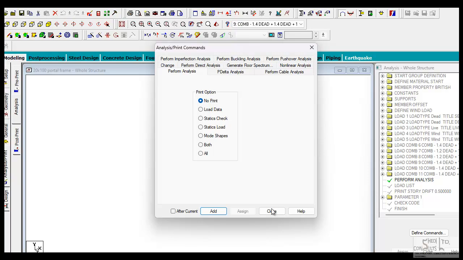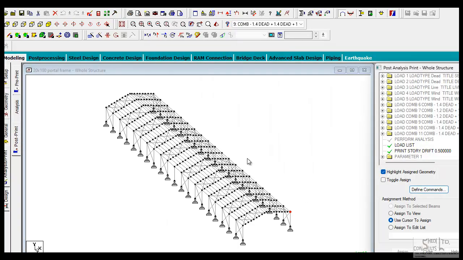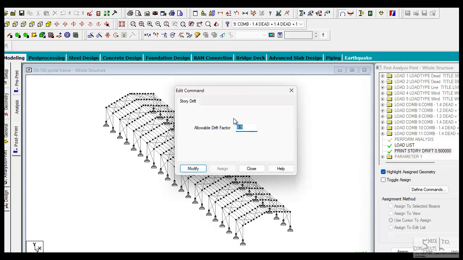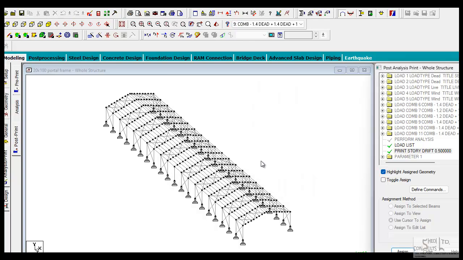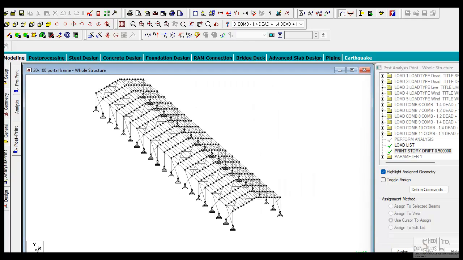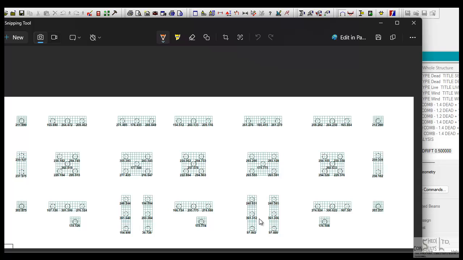If you go to the post processor, I have specified the lateral drift factor at 0.5. So what it means is that if the code specifies a deflection limit of, say, the deflection should not exceed L over 20, then 1 over 20 becomes your lateral drift factor.